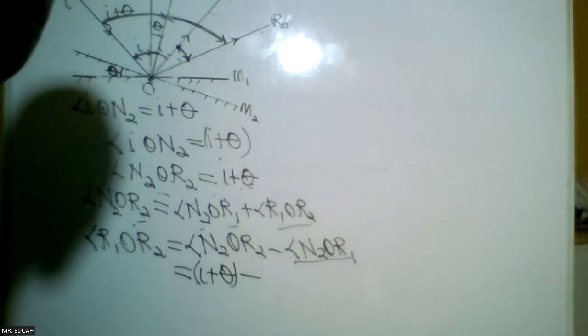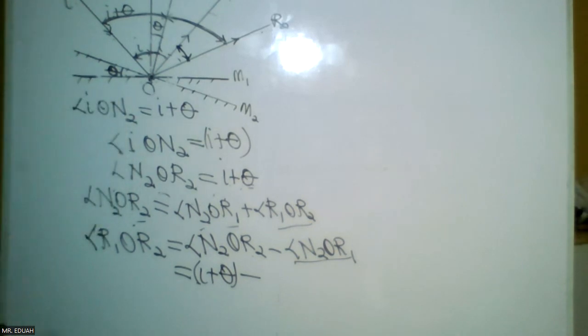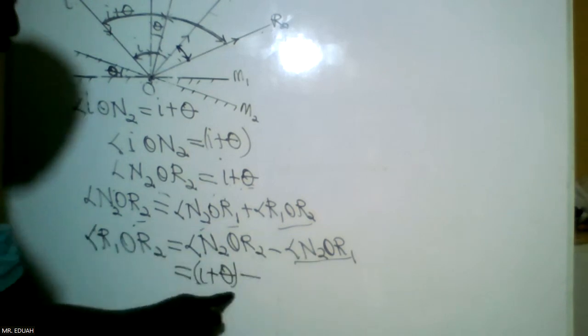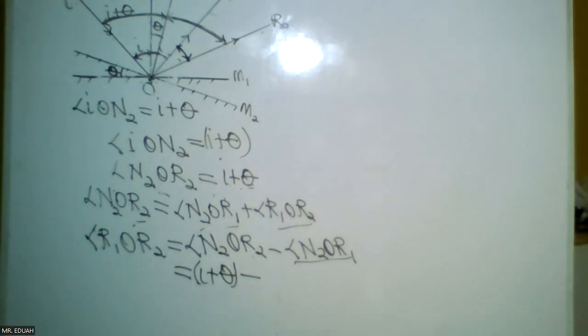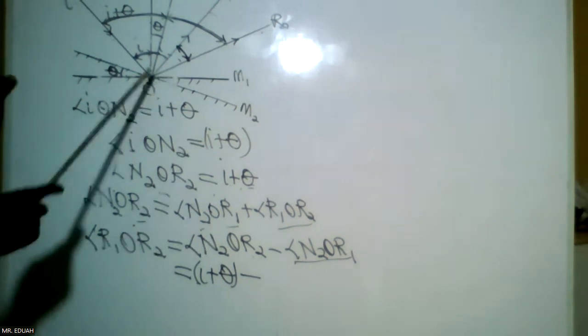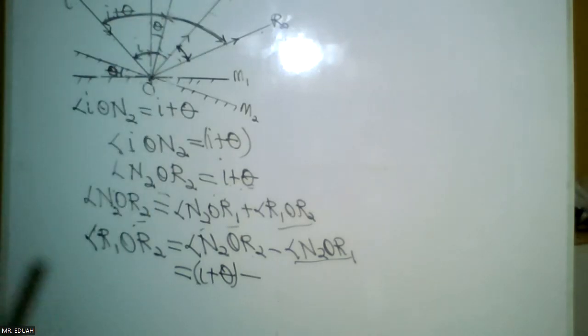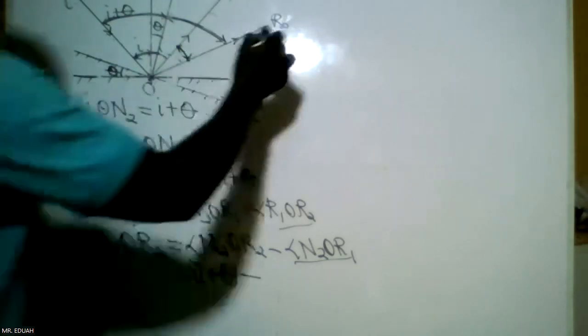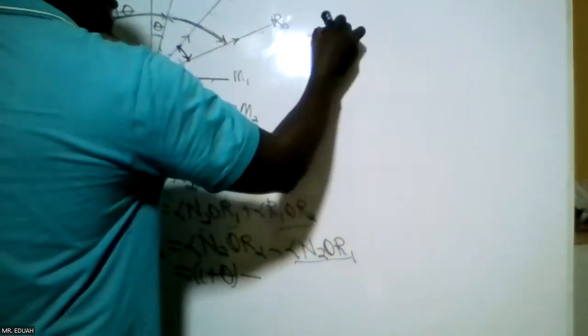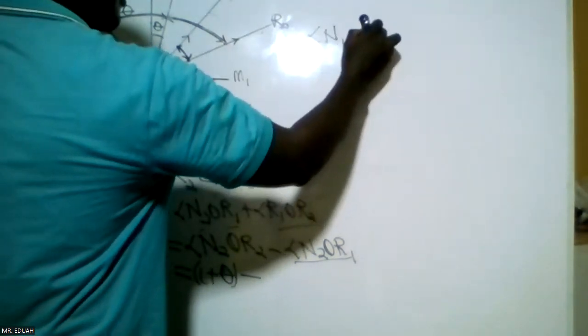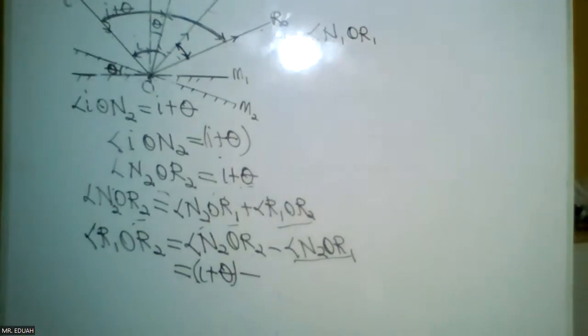Any idea as to how to get this and subtract it from this one? Whilst you think through, what is angle N1OR1? Please adjust your camera to the top a bit.